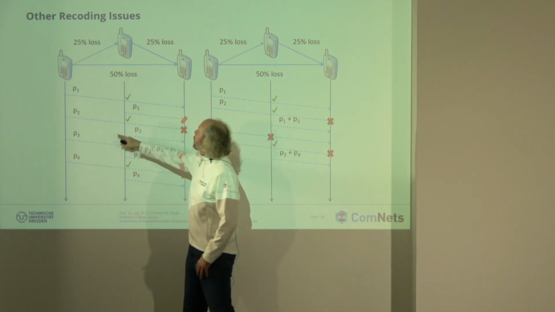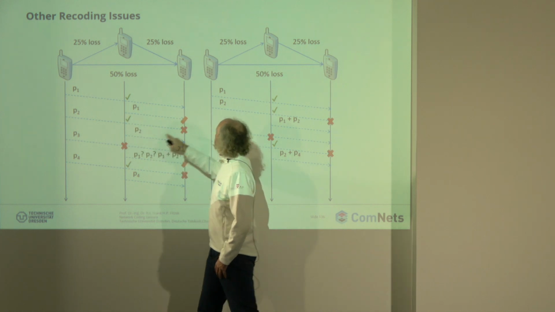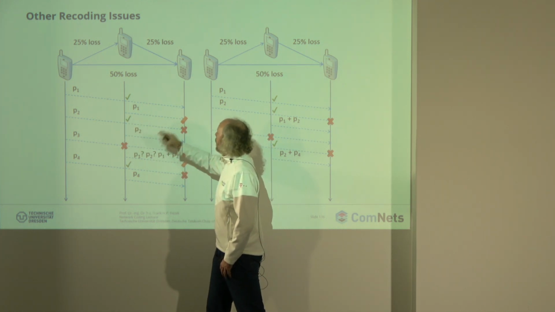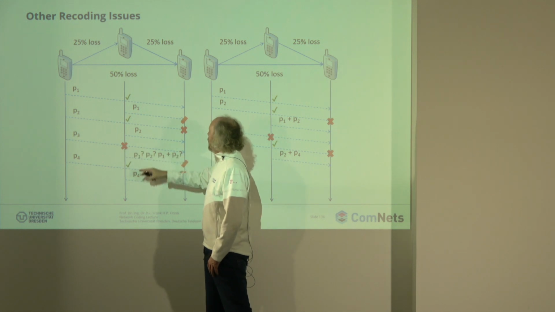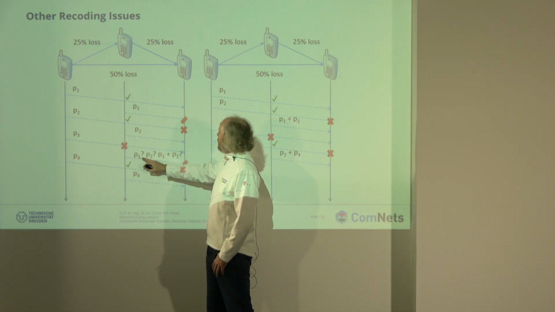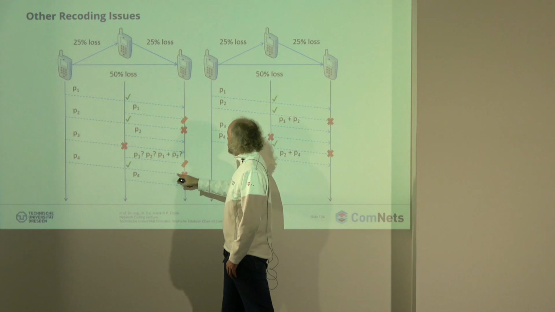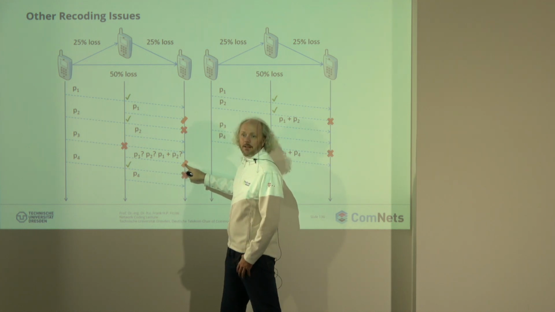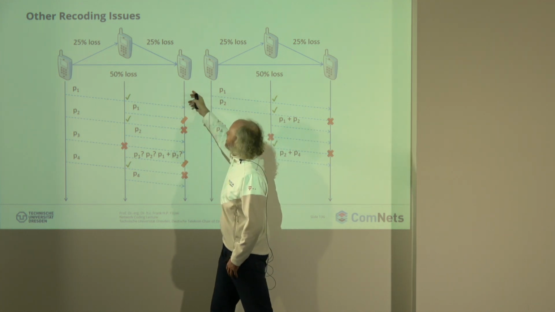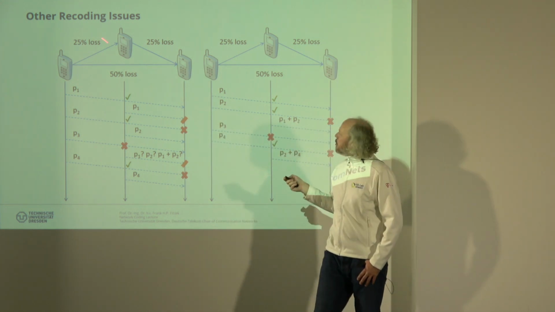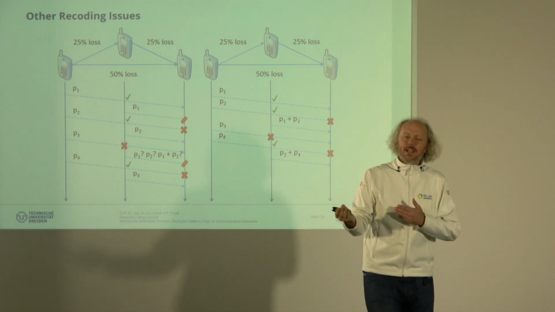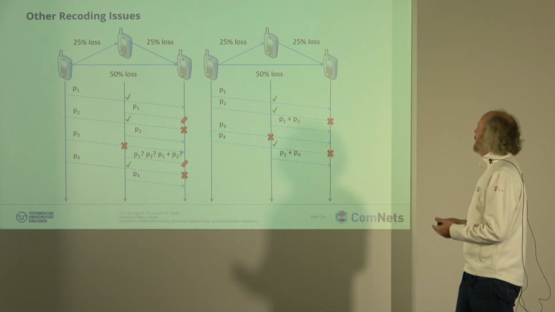So the next time I'm broadcasting P2, the relay gets it, the other one didn't get it, I just forward it, all fine, right? Now if I send P3, he didn't get it, what should I send? P1, P2, linear combination? It will be linearly dependent because he has already so much information. So here you don't know what he has. Now if you want to signal that and so on, that could be interesting.